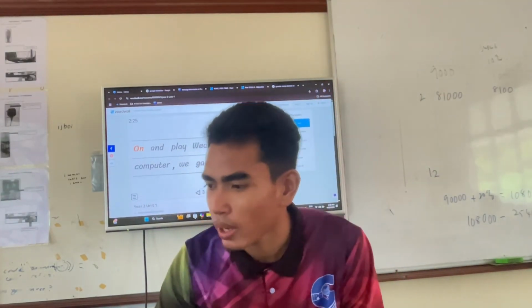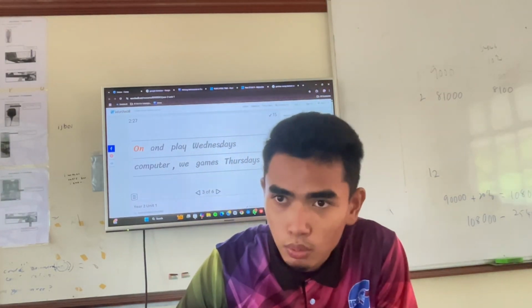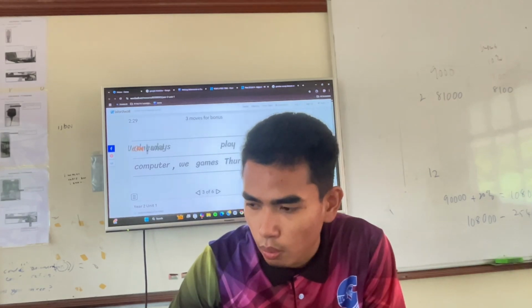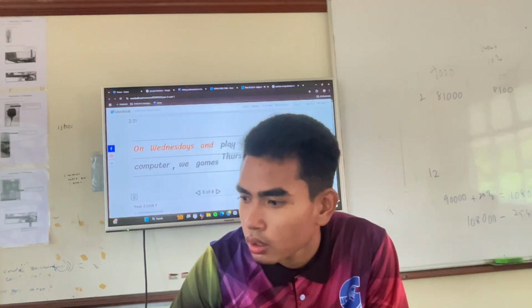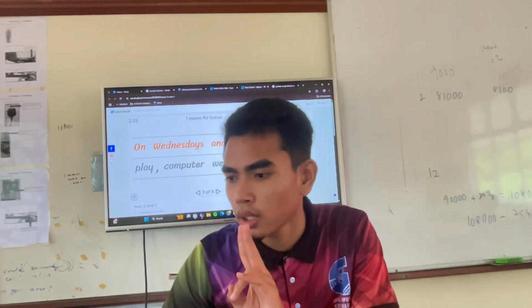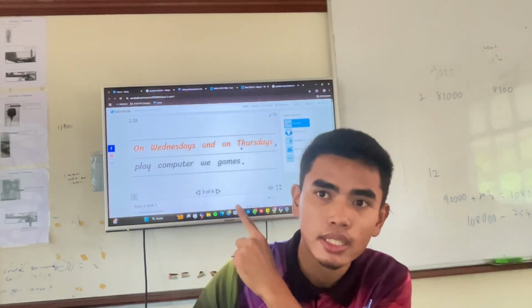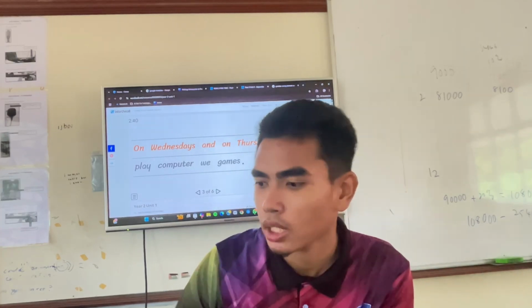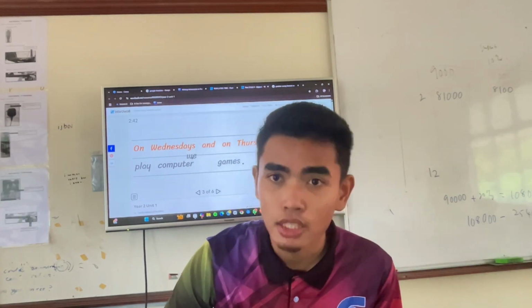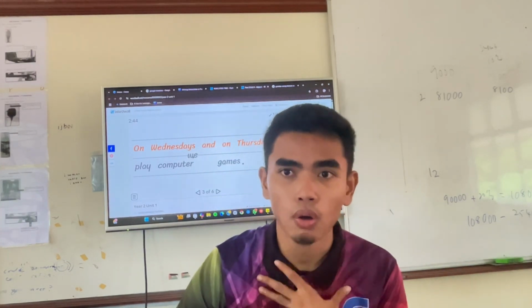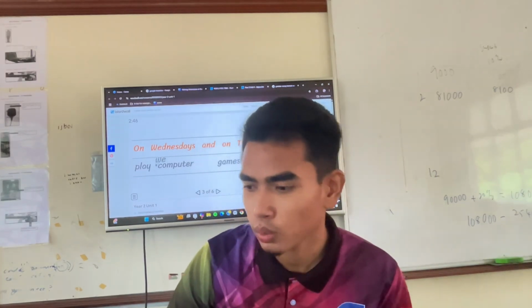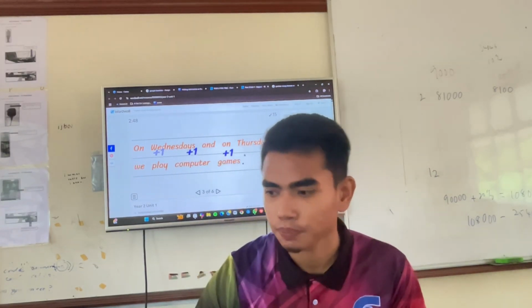For example, Wednesday comes before Thursday, so we have two "on": on Wednesdays and on Thursdays. After the days, we say "we", or ourselves, doing the activity. So we play computer games.